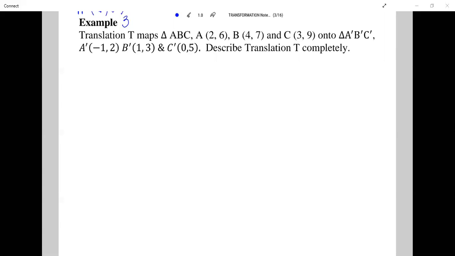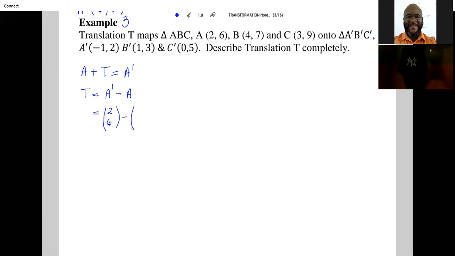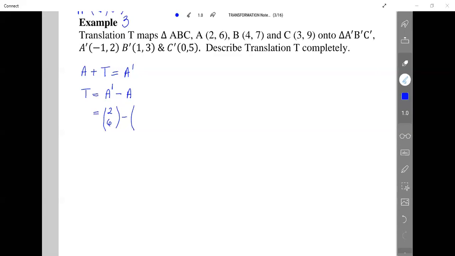All right, to do this, I'm going to again use the matrix equation of translation. This says that A plus T would give you A prime. So it means that T would be equal to A prime minus A. We have both of those. Should be A prime first.